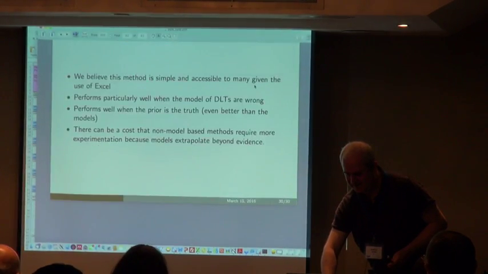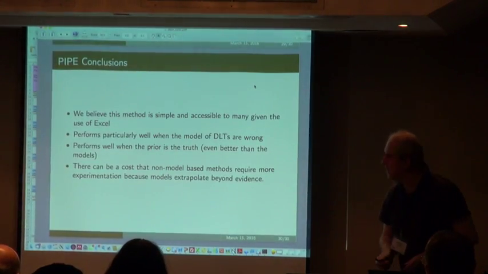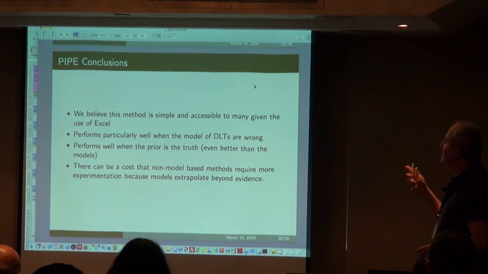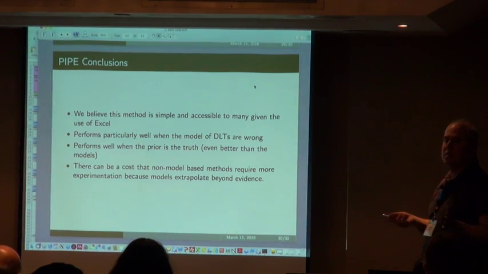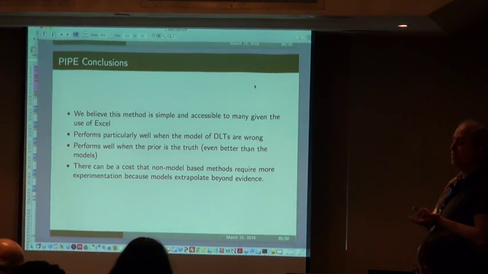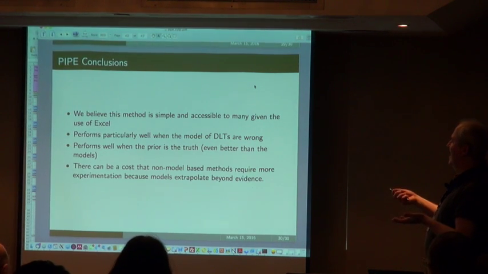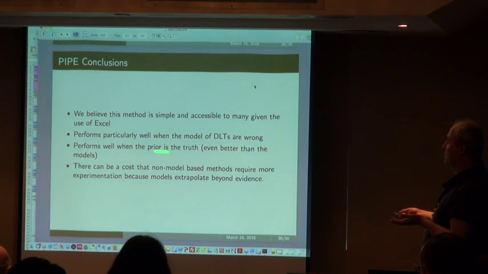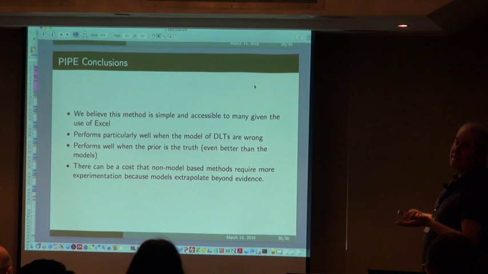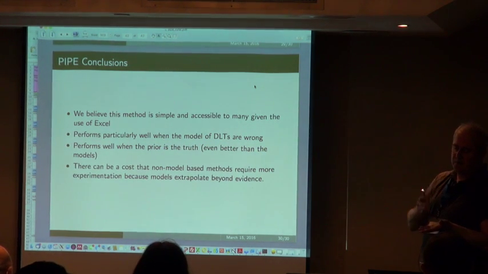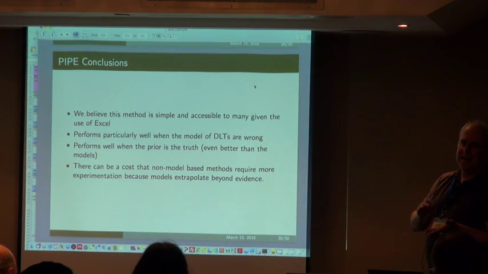So that's the interface. Just in conclusion, we believe this method is really simple and accessible, because every time we speak to people, they do tend to understand this, and it performs not badly even against some of the models. Clearly, if a model is correct, then the model is always going to perform the best.